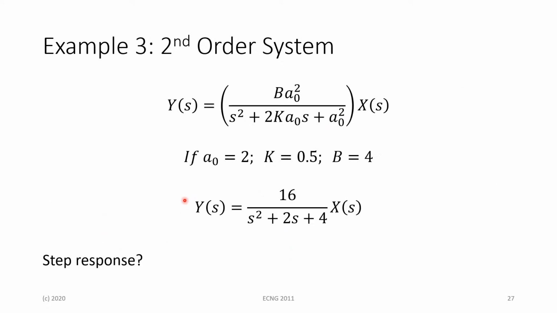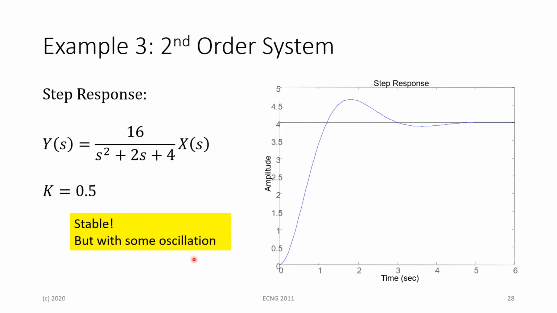Our last example for a second order system will be when k is between 0 and 1. We plug in our values for Y of s. We get a different Y of s equation because k here is different, and we evaluate the step response. We see that when k lies between 0 and 1, we get this nice rising graph, but then we have a small oscillation.